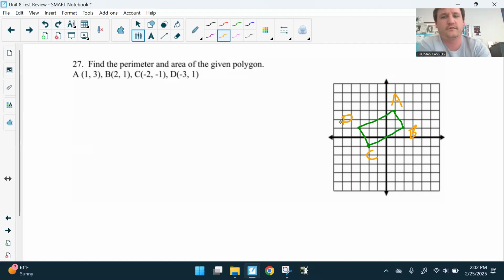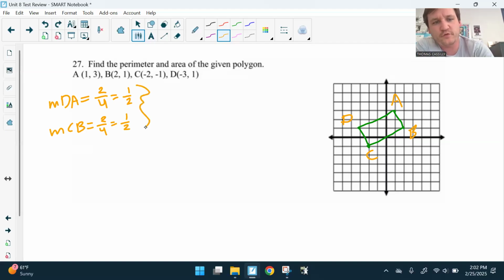Let's see. I'm going to say the slope of DA, we're going up two, to the right four. So that's 2/4, which is 1/2. The slope of CB is also 2/4. So the opposite sides are parallel. DA is parallel to CB.